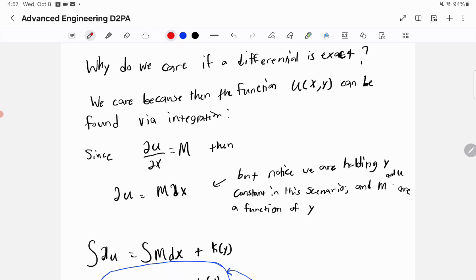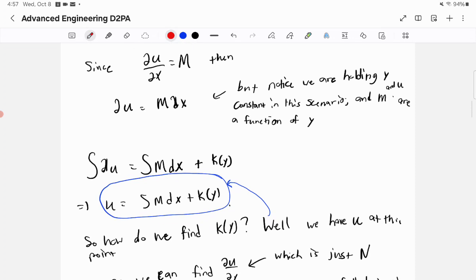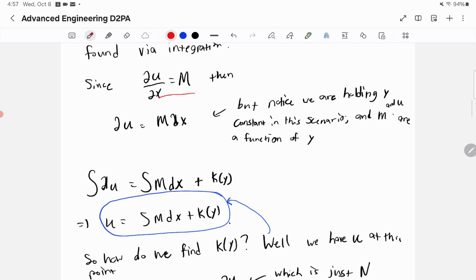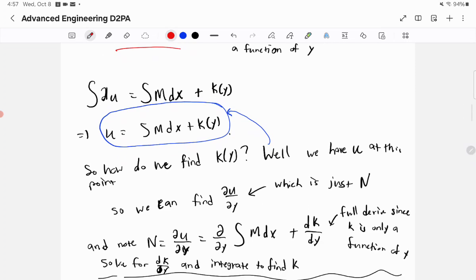This actually then allows us to get into implicit form at least the equation. So how can we go about this? Well, we know that du/dx is equal to M, so that means that we can actually integrate both sides of this. And so what we find is that u must be equal to the integral of M dx plus k(y).